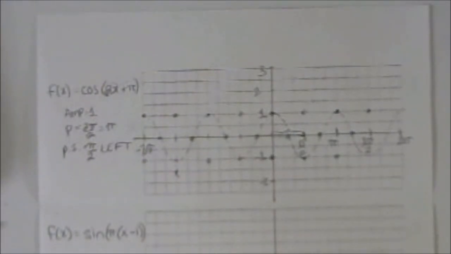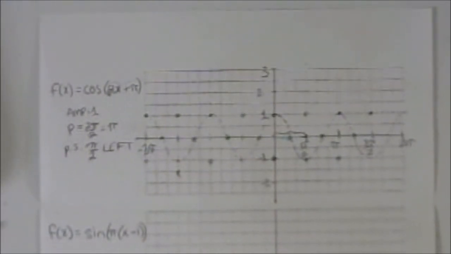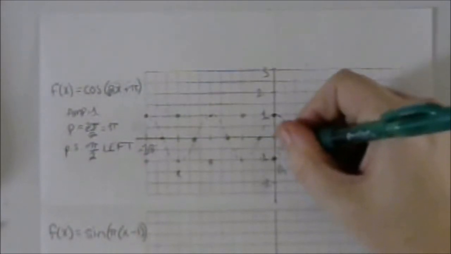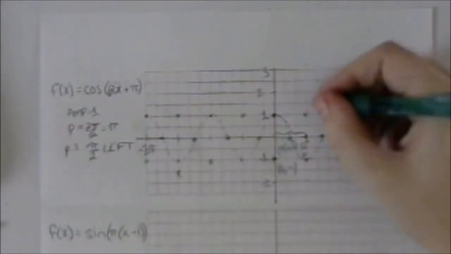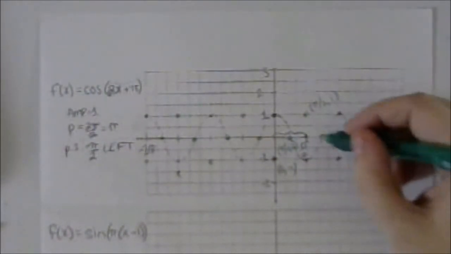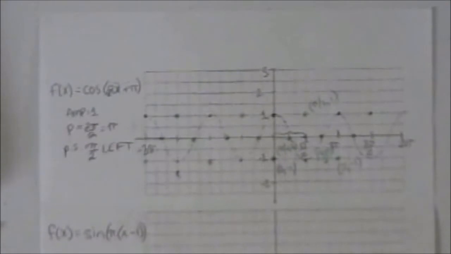All right, let's label our 5 key or critical values. This point is (0, -1). This point is (pi/4, 0), (pi/2, 1), (3pi/4, 0), and (pi, -1).